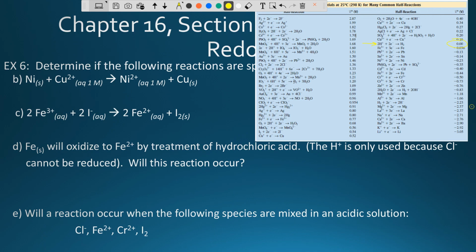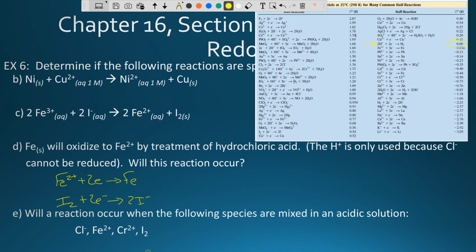Okay. Now, here's another way that we could look at this. I could say, what if, will it occur when we mix them all up in an acidic solution? Well, I see that my iron will form the iron ion. I see that my iodine will form the two iodides.